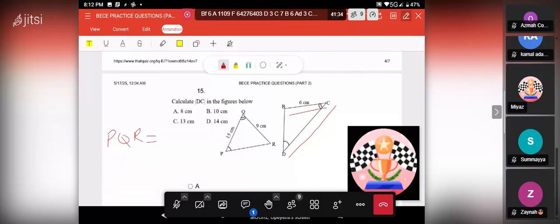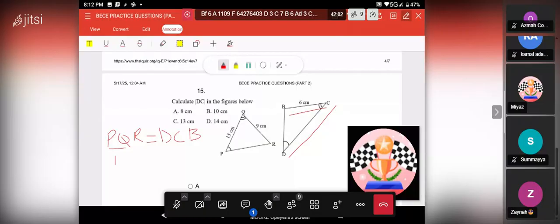Which angle corresponds to angle P? D. Thank you. Which angle corresponds to Q? C. And which one corresponds to R? B. Thank you.